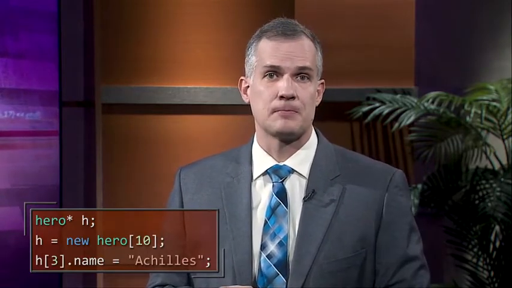And this will create an array of 10 heroes. And we can then access individual elements like H[3].name, which would be the name member variable of the fourth element of the array. When the array form of new is used, the default constructor is called for each of the elements.